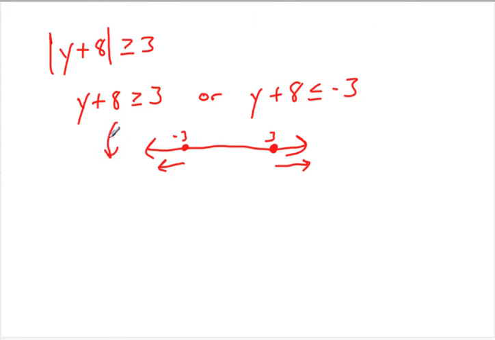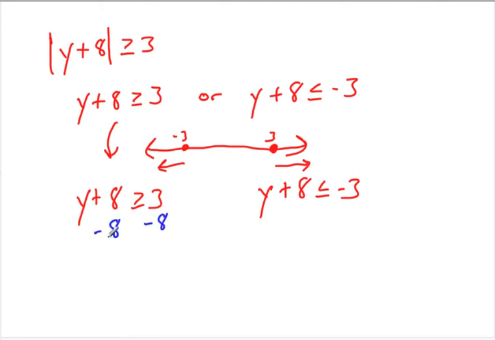So let's bring this one down here. Alright, so now I'm going to subtract 8 from both sides, and we end up with y is greater than or equal to negative 5. And over on the right side, we have subtract 8, and we're going to get y is less than or equal to negative 11.